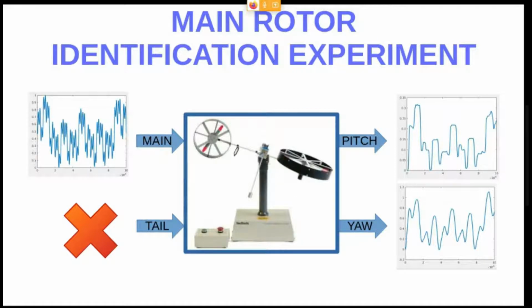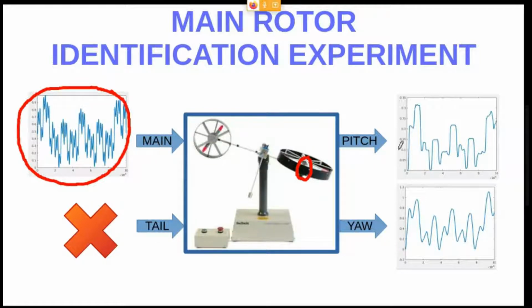So our strategy is to apply a multi-sine signal over time only at the main rotor. So this voltage is applied to this DC motor in here, right? And absolutely no input has been applied to the tail rotor.